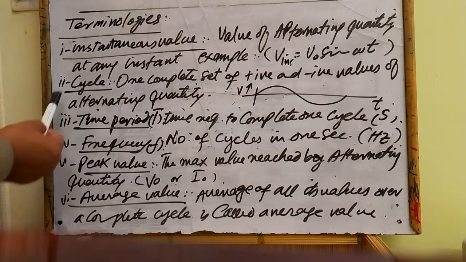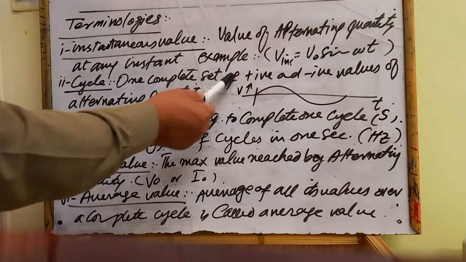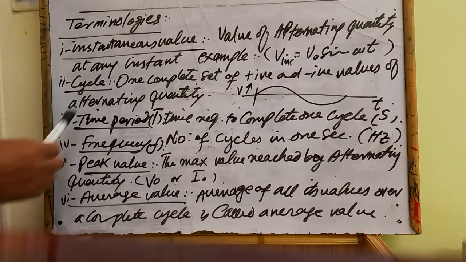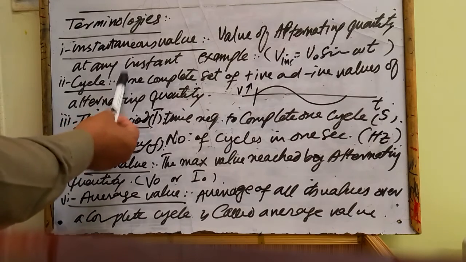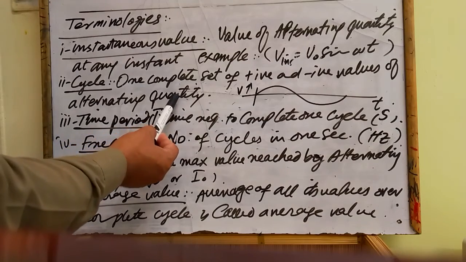Okay, so the second is cycle. One complete set of positive and negative values of an alternating quantity. The alternating quantity may be alternating current or alternating voltage source. So, what is a cycle? One complete set of positive and negative values of the alternating quantity.